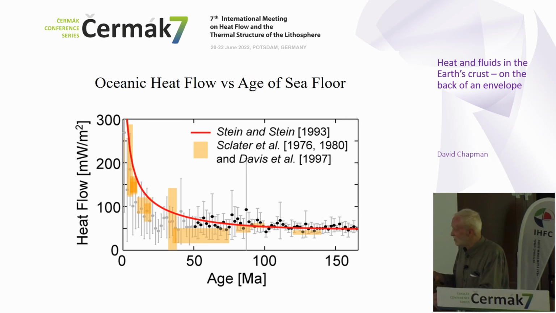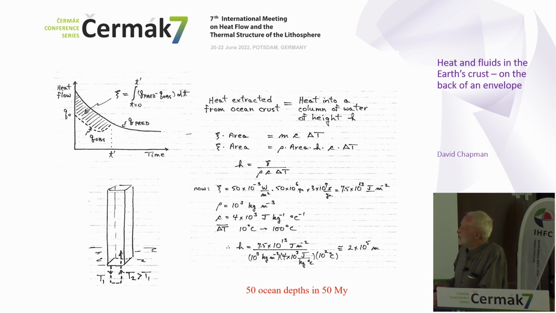Well, this is just an invitation for me to ask the question, how much water is going through the Earth's crust? So this is a fun little game. In this picture of the heat flow versus age, this is the deficiency that I think is mined by water.